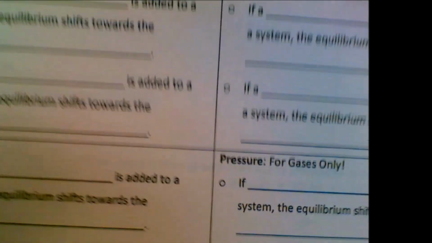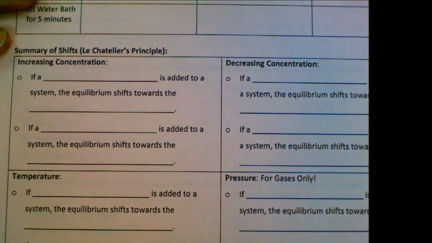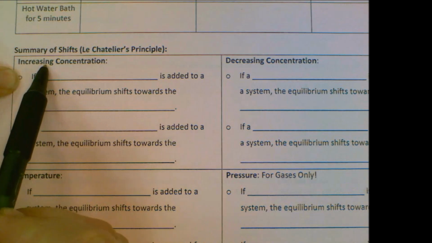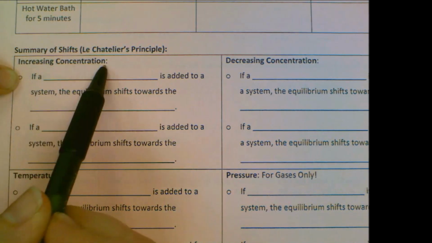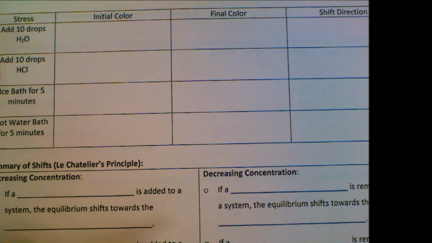So let me do a little adjusting here so we can line this all up. All right, so increasing concentration. Our example of increasing concentration of something would be either of the first two stresses.